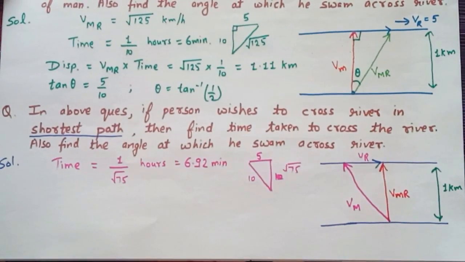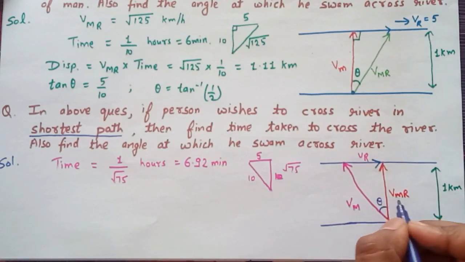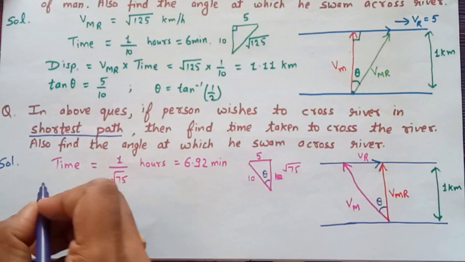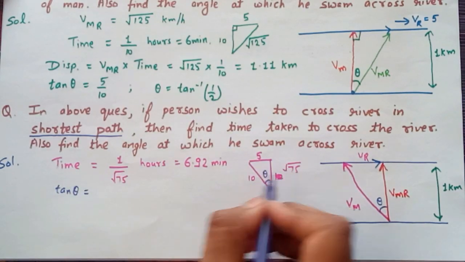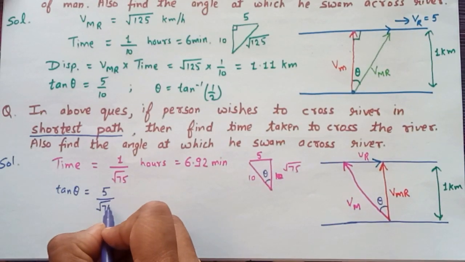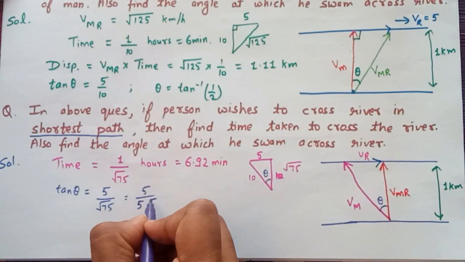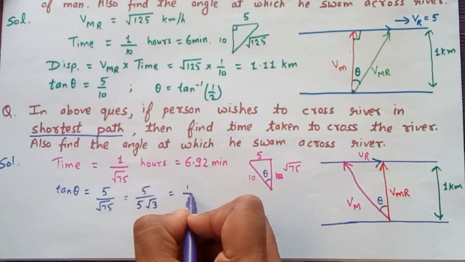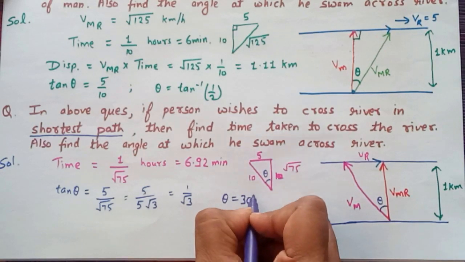And now the question is also asking for the angle at which he swam across the river. So let us find this angle theta. So tan theta will be perpendicular upon base, root 75, or I can write it as 5 upon 5 root 3, 1 by root 3, or I can say theta is equal to 30 degrees.